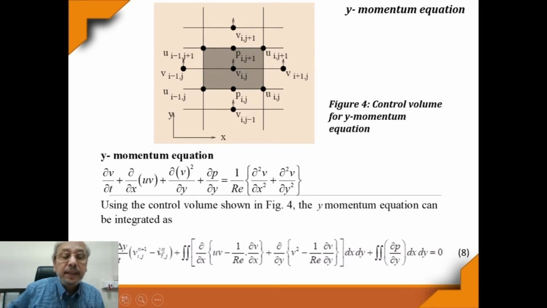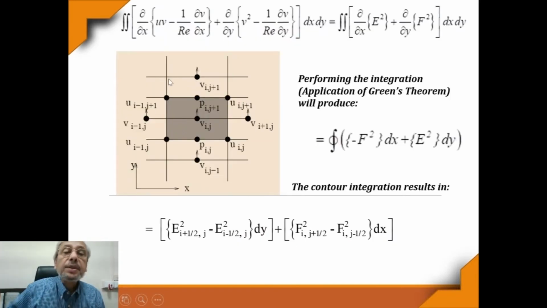Now we will consider these two terms of integration: the double integral of del x of uv minus 1 by Re del v del x plus del y of v square minus 1 by Re del v del y, dx dy.